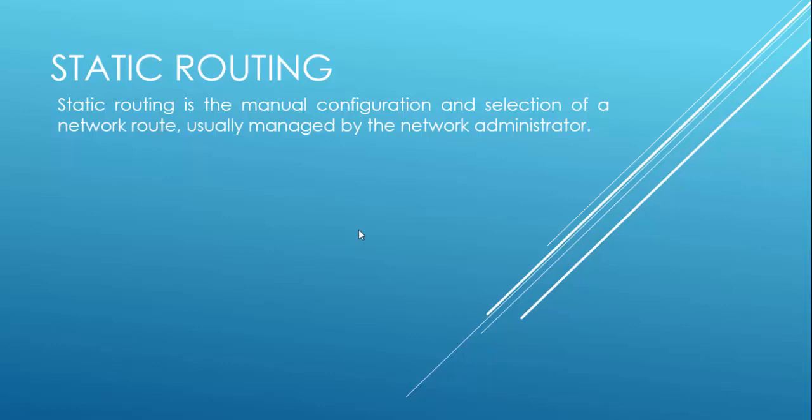We are not going to use any kind of dynamic routing protocols. We will be doing it manually. All the configuration of our network routes, how many branches we have, what type of routes we have in the other branch, we have to configure manually. Especially your network administrator will be doing that part. So that is your static routing.